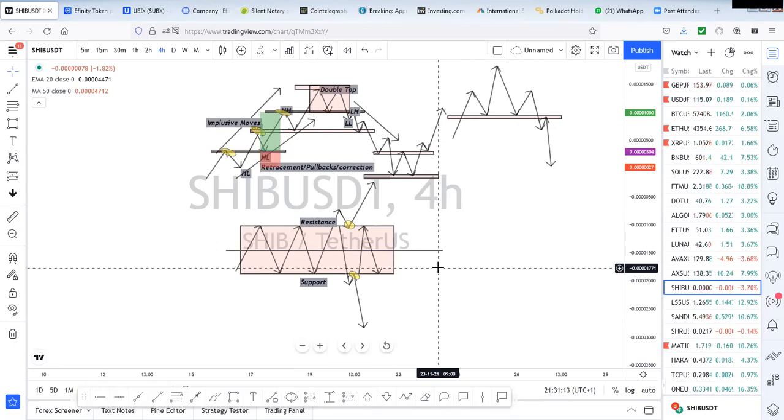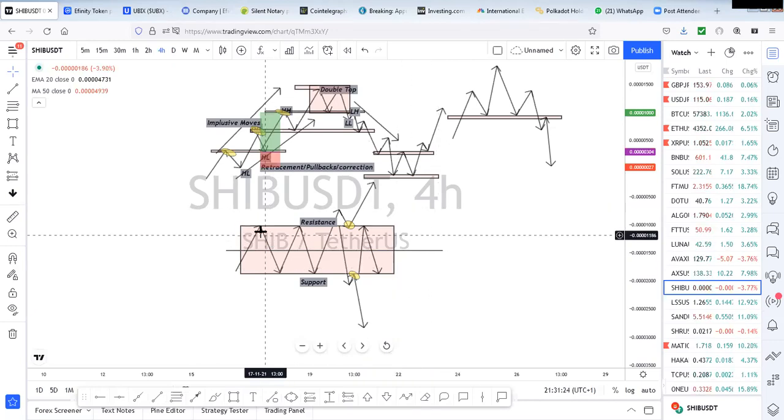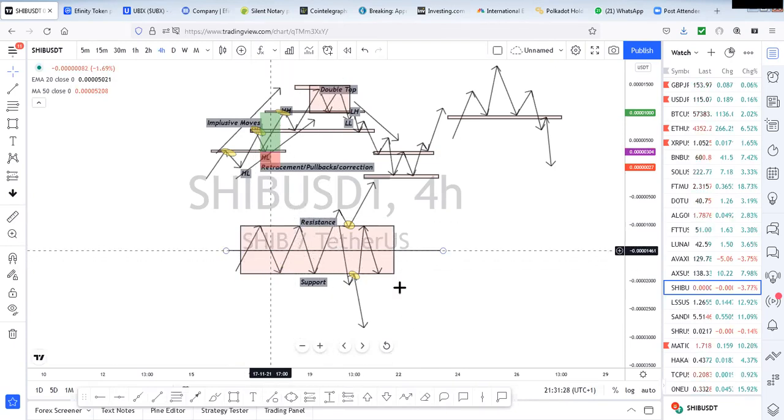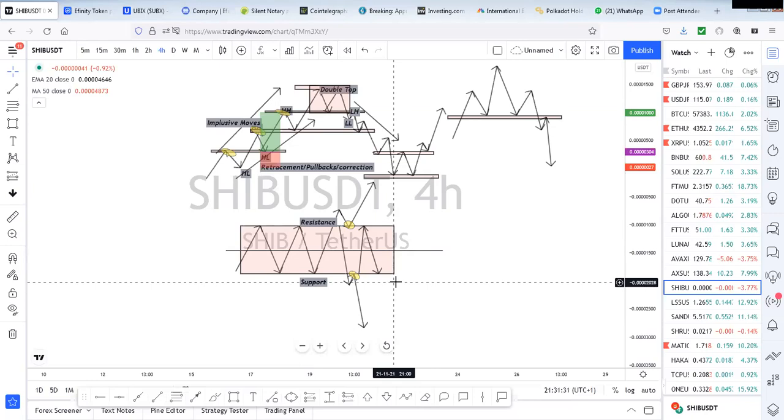That is, buyers are equal to the sellers. You can see that here, they are equal, and there is no one in control of the market.